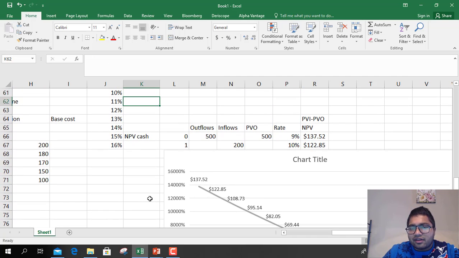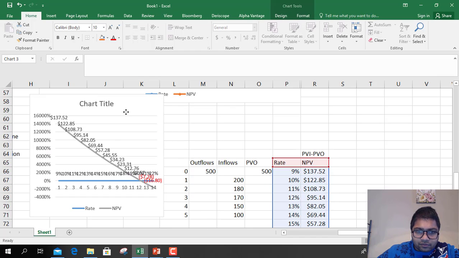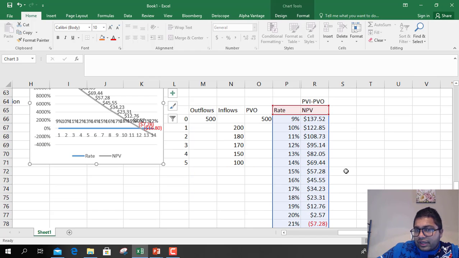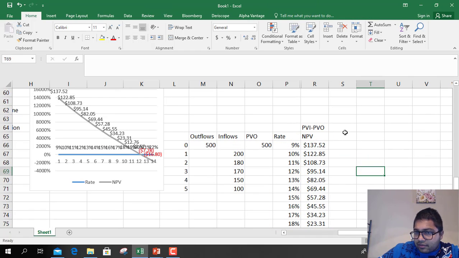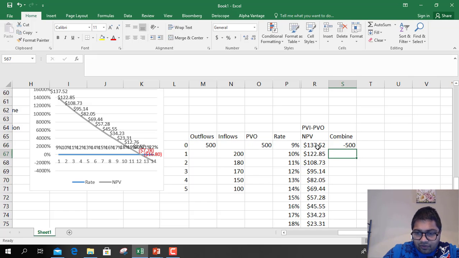For finding out the internal rate of return, so I'll just shrink this one. For finding out the internal rate of return, we combine inflows and outflows. Okay. Outflow is negative, inflow is positive. So outflow of 500, inflow of 200.